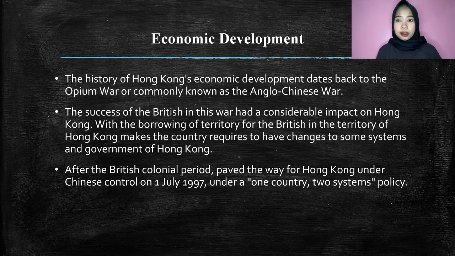On July 1, 1997, the celebration of Hong Kong's unification with China was peaceful, despite many Hong Kong people protesting against it. A Sino-British joint declaration was signed in late 1984, which paved the way for Hong Kong to come under China's control on 1 July 1997 under a one country, two systems policy.